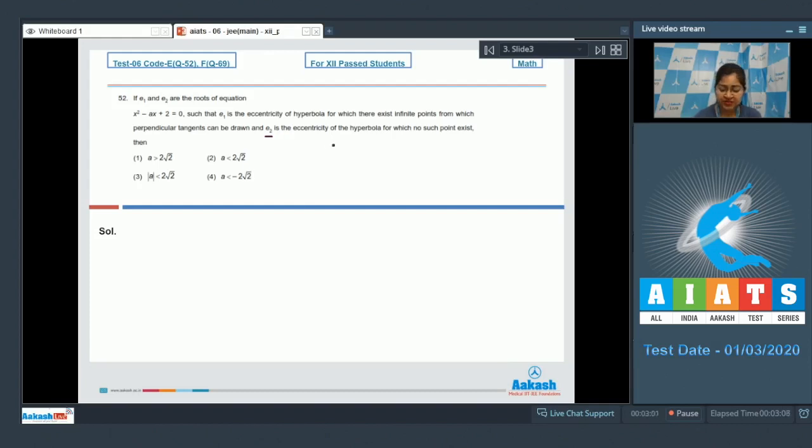It means that for the second one, b is greater than a, and for the first hyperbola, a is greater than b, which means that for one of the hyperbolas, eccentricity is greater than root 2, and for the other one it is less than root 2, because e is equal to square root of 1 plus b square by a square, which means root 2 lies between e1 and e2.